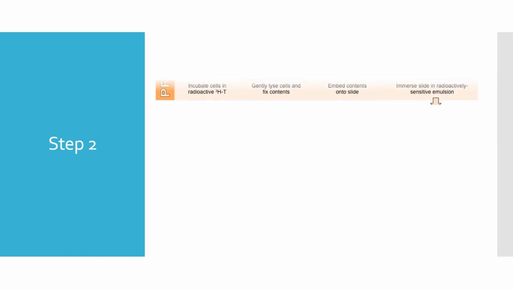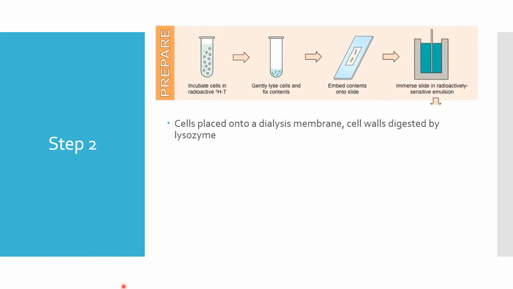Step 2 in Cairn's technique is when cells are placed onto a dialysis membrane, and cell walls are digested by lysozyme. If anyone does not know what lysozyme is, lysozymes are glycosidases that assist in hydrolysis of glycosidic bonds between acetylmuramic acid and acetylglucosamine, and these enzymes are therefore destructive to many bacteria since they can damage the bacterial cell wall that is made up of peptidoglycan.